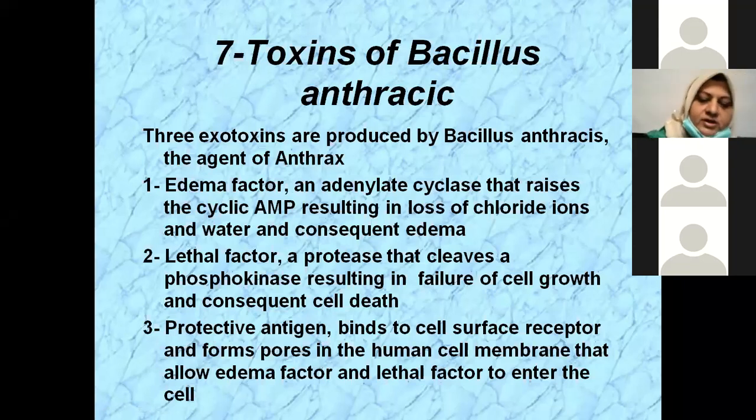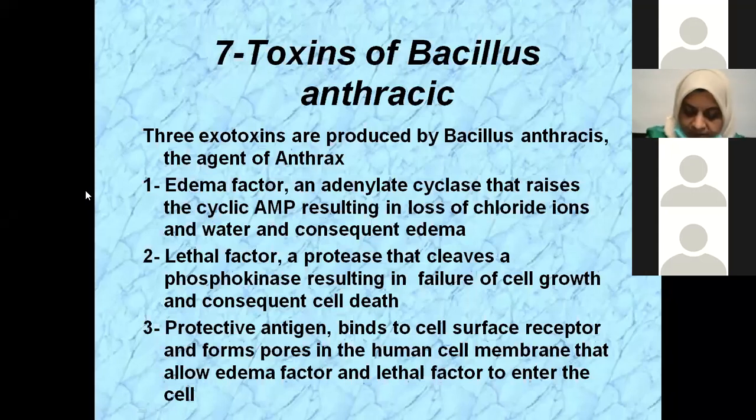When the word protease comes, remember that it will cleave a protein, or destroy a protein, or degrade a protein. So it causes failure of cell growth and cell death. And then there's a protective antigen which binds to cell surface receptors and forms pores in the human cell. And then edema factor and lethal factor enter the cell.